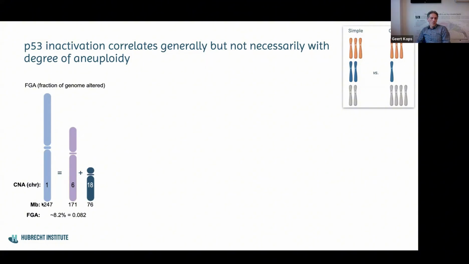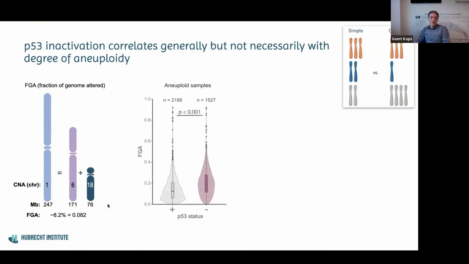Now, what this means is that we just looked at the number of nucleotides that have been altered in these cancers, with the reasoning that, for example, a loss or a gain of chromosome 1 would be equally impactful as a loss or gain of both 6 and 18, because they have the same amount of DNA in the end.